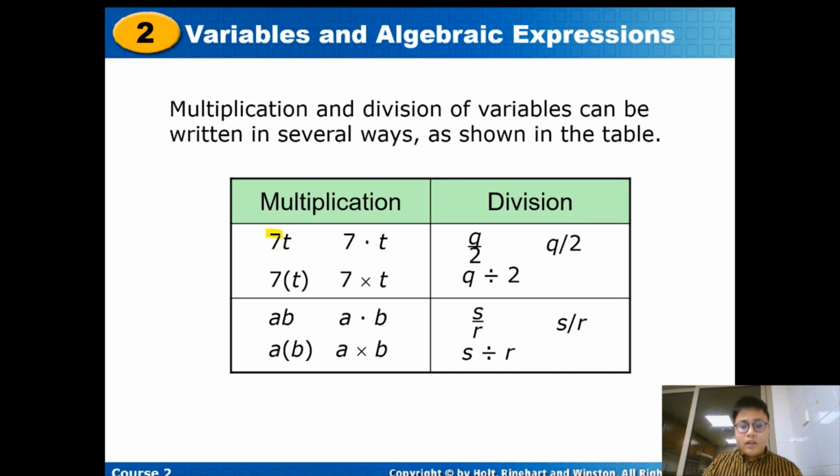It could be written like this: 7t, or 7 times t, or 7 multiplied by t. Or it could also be written with the use of a raised dot, or an open and closed parenthesis, or with the use of your times sign. Take a look at the examples.